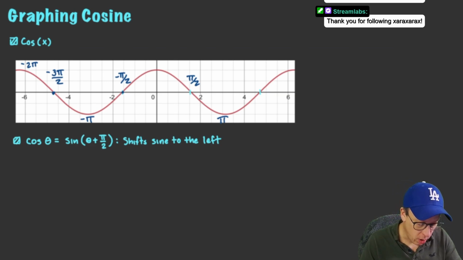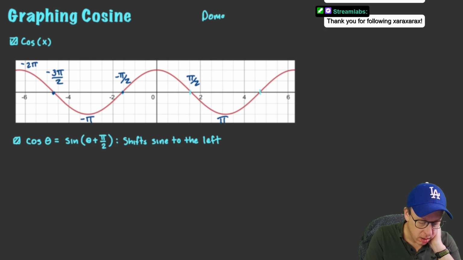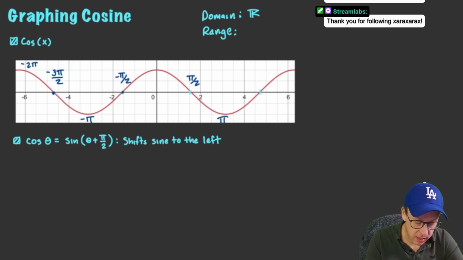In regards to the domain for the cosine function, our domain is going to once again be all real numbers. So there's our real numbers, and our range is going to be represented with negative 1 less than or equal to the function, and it is going to be less than or equal to 1.